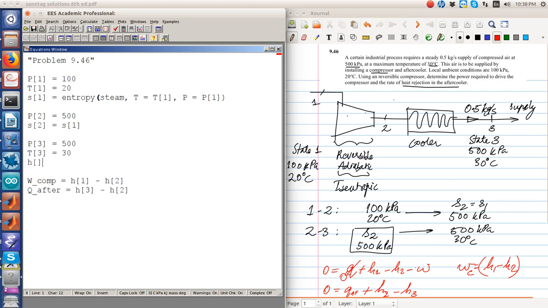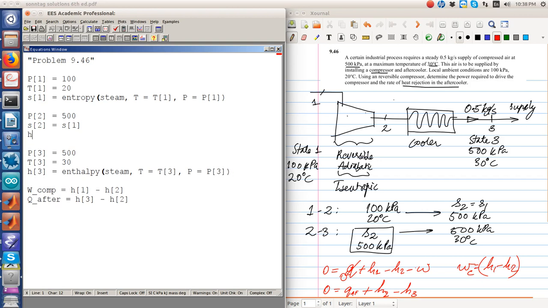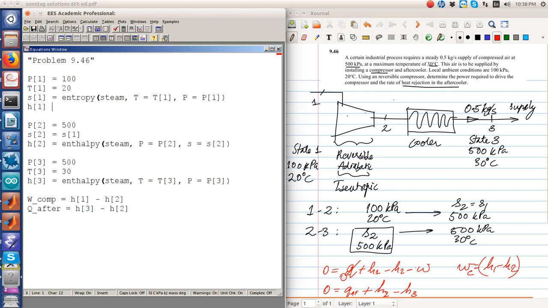H3 is the enthalpy of steam at T equal to T3, P equal to P3, and H2 is equal to enthalpy of steam at P equal to P2 and S equal to S2. H1 equal to enthalpy of steam at T equal to T1, P equal to P1.